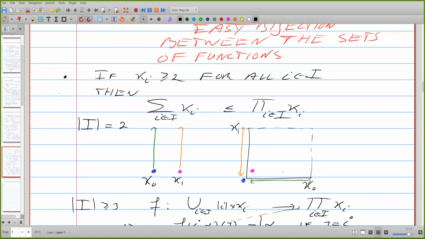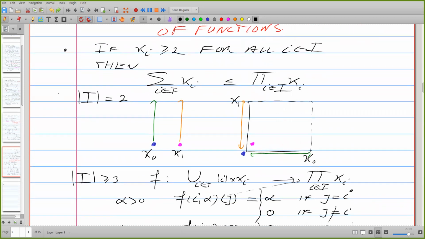So you'd have to distinguish all kinds of cases, and that would make it just unpleasant, at least in my opinion. And this particular one, the one where all the kappa i's are equal to 2 or more, that's the one that we'll be using in a moment for an important theorem.